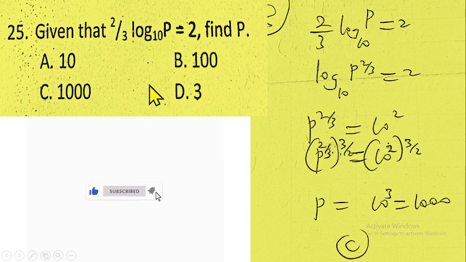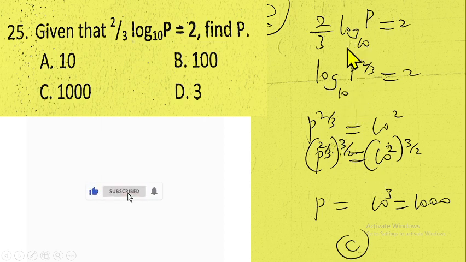Question number 25. Given that 2 over 3 log p base 10 is equal to 2, find p. You have to find the value of p when you are given 2 over 3 log p base 10 equals 2. So what do we do? If you apply the laws of logarithm, this 2 over 3 will go to the power of p here. So then we have log p raised to the power 2 over 3 base 10 is equal to 2.